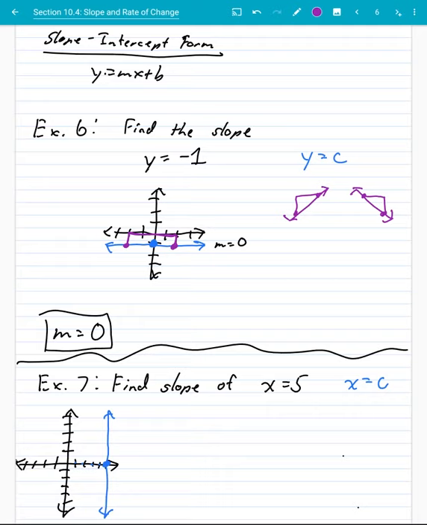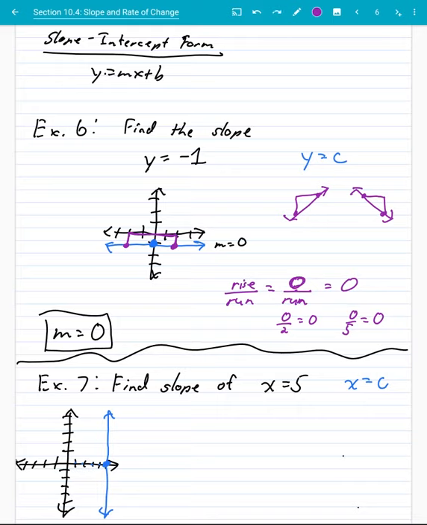So for this top one, there was 0 rise, but there was some kind of run going on. 0 divided by any number besides 0 would make 0, right? 0 divided by 2 is equal to 0. 0 divided by 5 is equal to 0. But the 0 will always remain on the top because there is no rise going on.